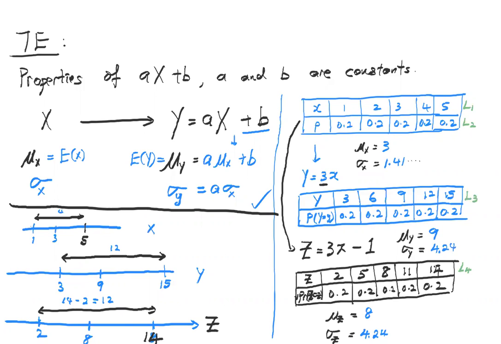And if you talk about variance of y, variance, V-A-R, it will be because variance is standard deviation squared. So what you need to do is a squared times the variance of x. That's it. Okay, so get it clear?